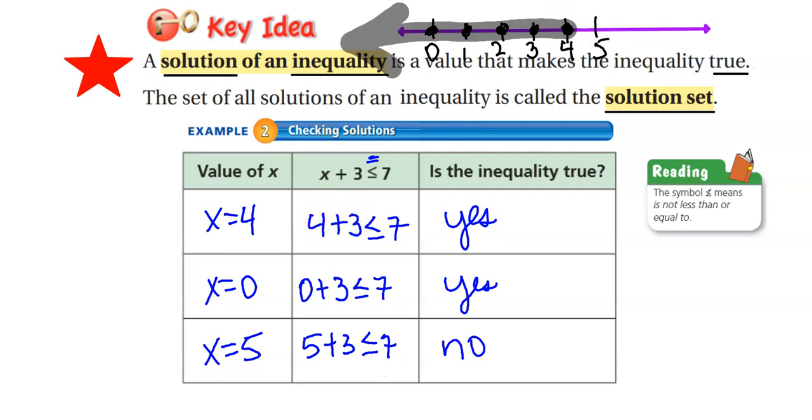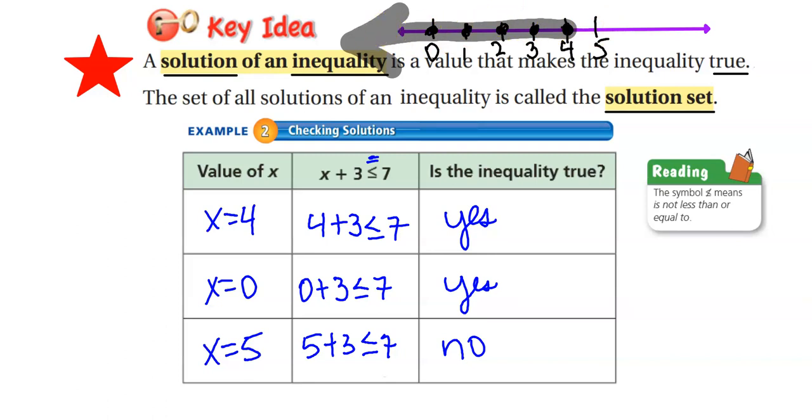And when I get to 5, notice that 5 is not underneath the arrow or the highlighted part that is part of the solution set. So it turns out that there's a whole bunch of numbers that make the inequality true, but you can also come up with numbers that don't make the inequality true. And in that case, they shouldn't be underneath the arrow.